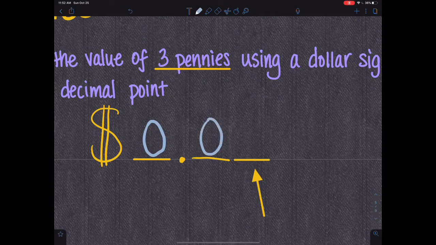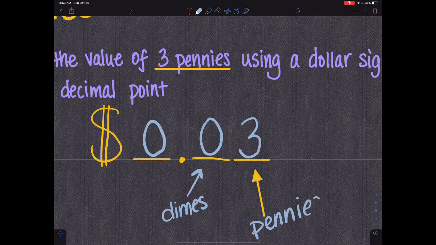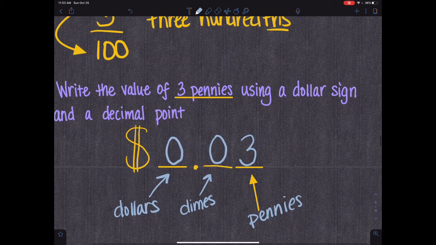This is where the dimes go, and this is where the pennies go. So dimes go here. That's called tenths. Pennies go here. That's called hundredths. And dollars go here. Okay, so hopefully that makes sense.